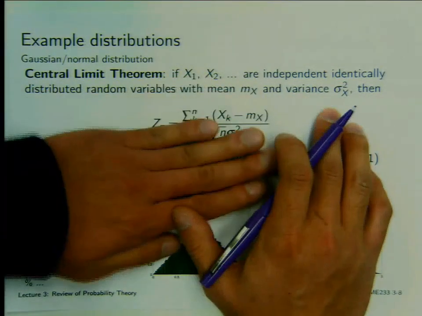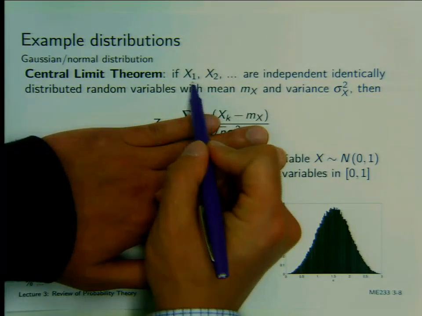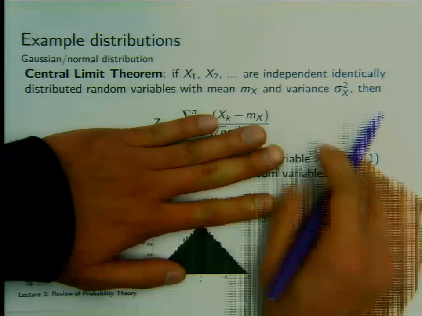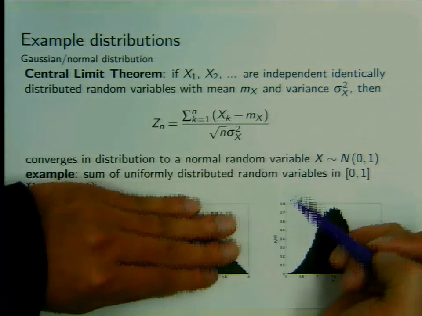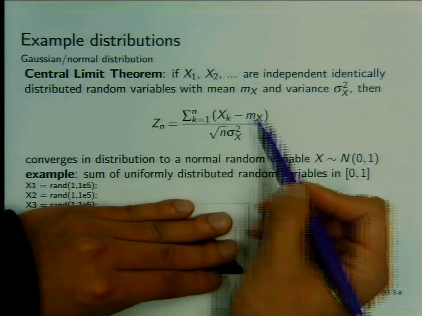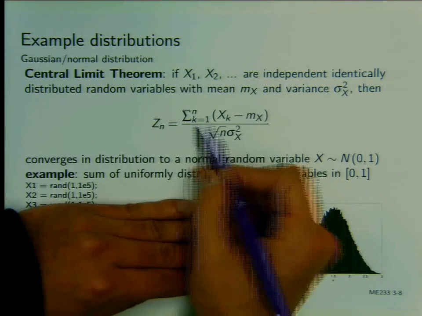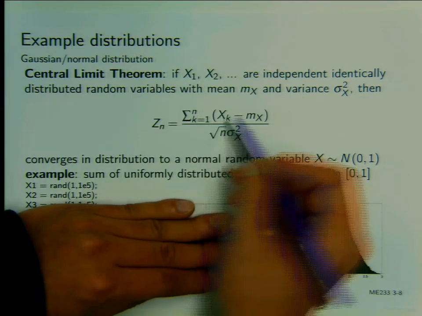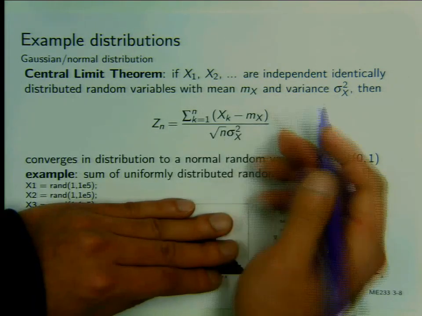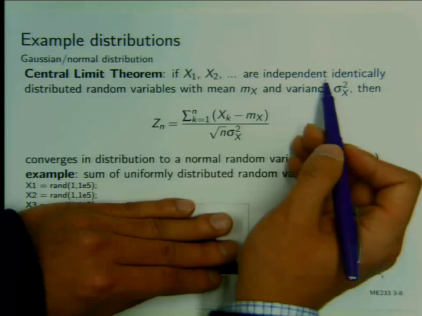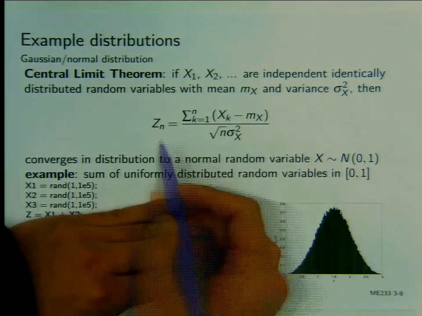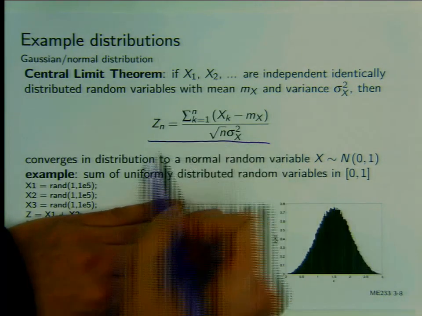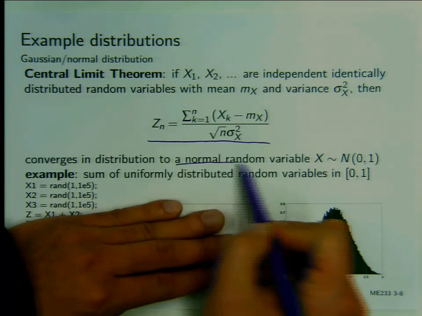This is the central limit theorem. It says for a large collection of independent random variables, if we sum them up, remove the average, as long as there is a sufficiently large amount of independent random variables, then the behavior of this summation, this new random variable, is a normal distribution.